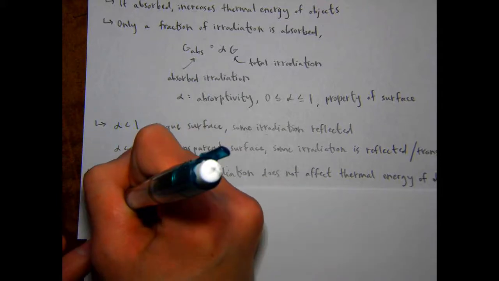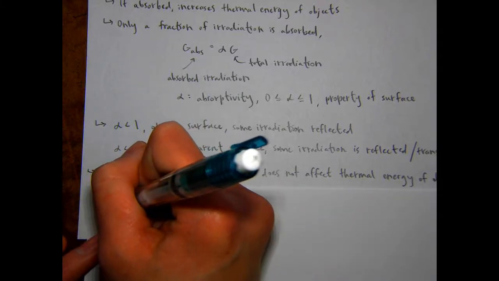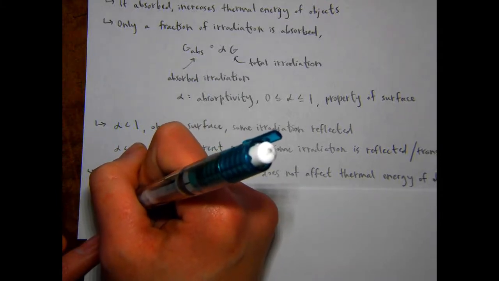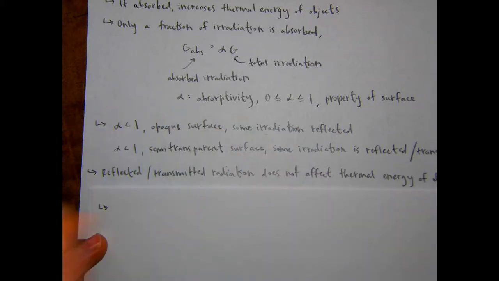Do we not care about transparent surfaces? Fully transparent surfaces? Yeah, you would basically have full transmission through the surface, but a perfectly transparent surface I would say would rarely occur.